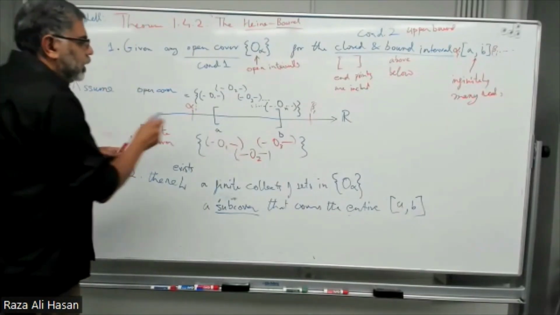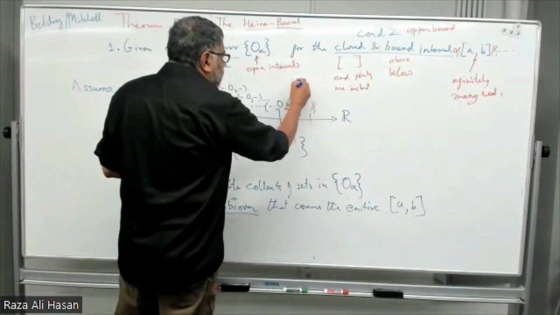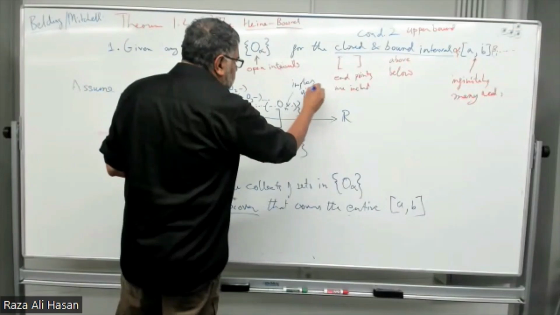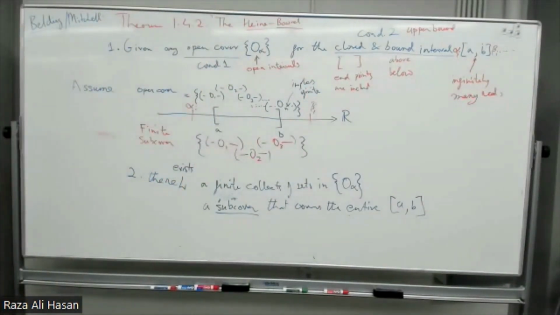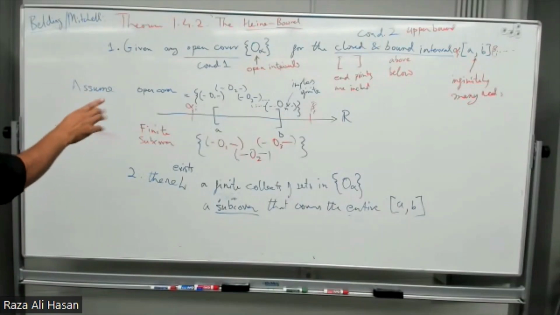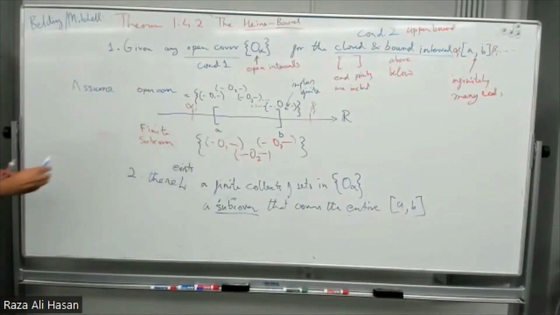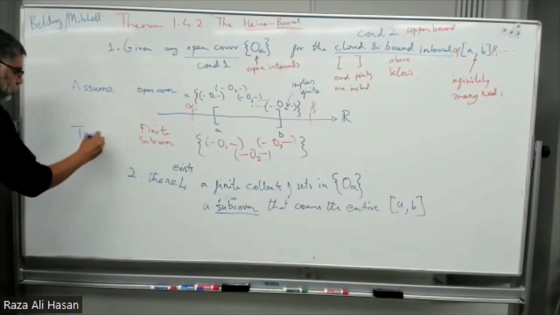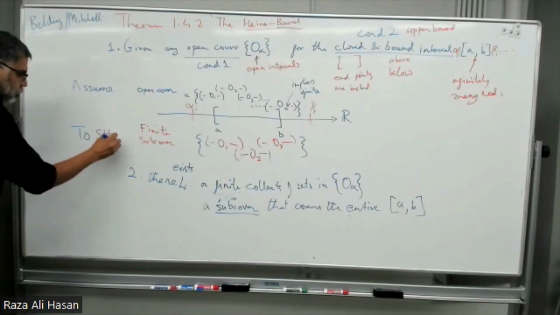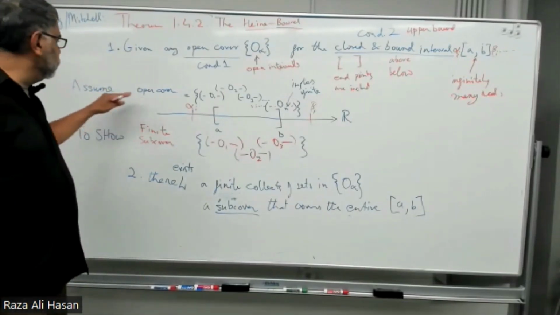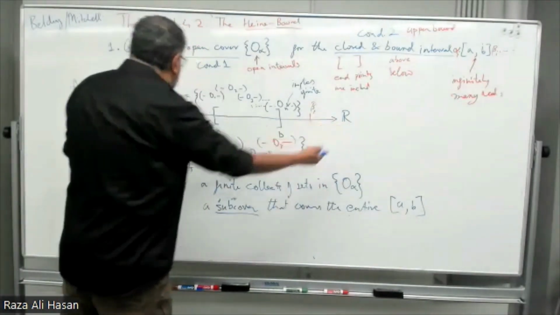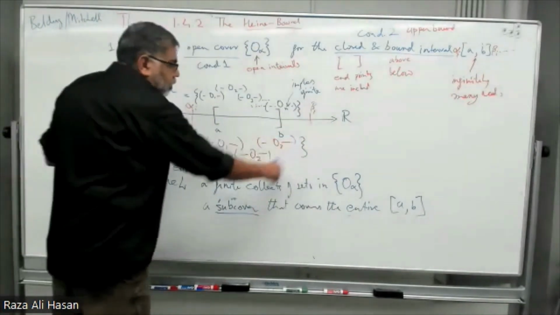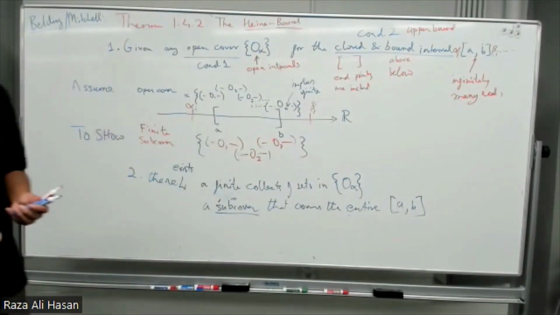And this open cover here, because of the index M, is possibly infinite. Now, this is where we're supposed to get to. We have to go from here and show that if you have this situation in blue, there will be a finite cover. That's very clear, right?